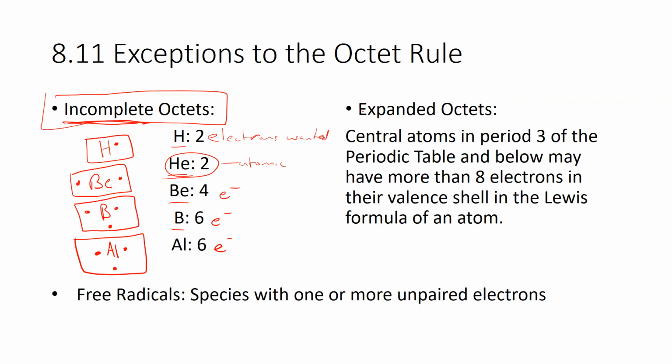The other most common thing you're going to see is what are called expanded octets. So basically, when the central atom is in period 3 of the periodic table or below, you can have more than 8 electrons surrounding it. So you can have an expanded octet, more than 8. The reason is that those are larger atoms, and if you have larger atoms, you can fit more electrons around them.